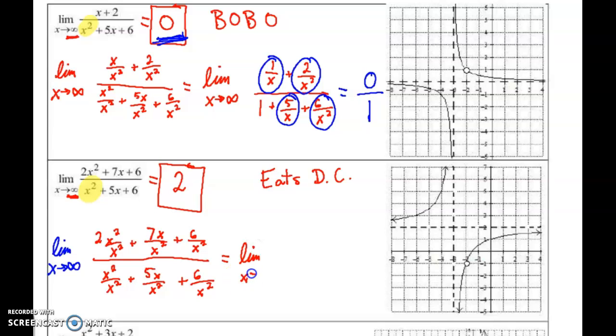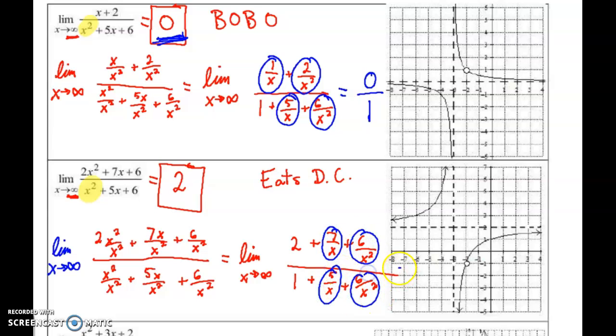Let me just clean it up, because the x squareds will cancel, so we're left with 2 plus 7 over x plus 6 over x squared all over 1 plus 5 over x plus 6 over x squared. And now we can do each individual limit where this is 0, this is 0, this is 0, this is 0, and we're left with 2 divided by 1, which is this value.